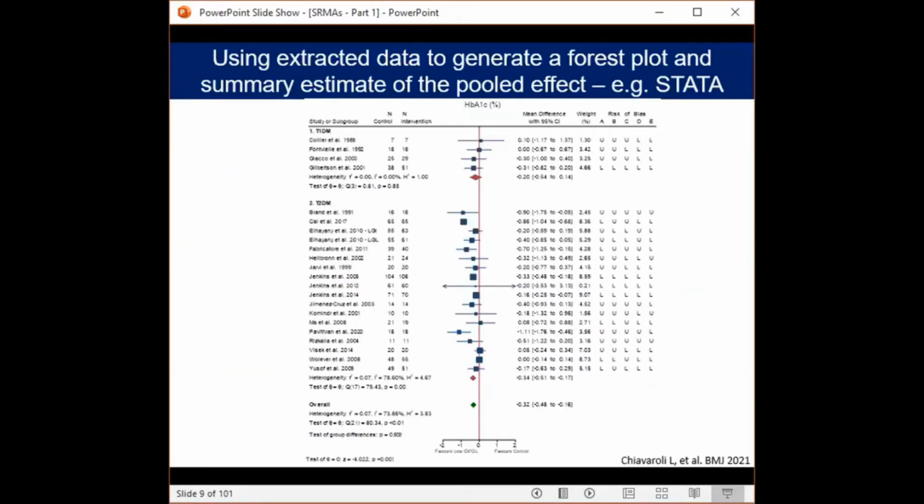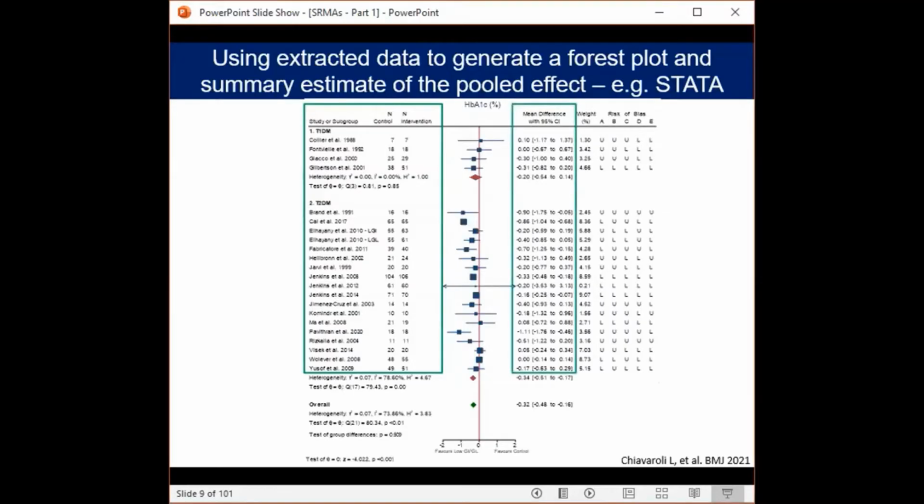This is an example of a forest plot generated by STATA using the data extracted from clinical trials. The data uploaded into the STATA program includes each study, the sample size, and the extracted outcome data and variability around it. In this figure, the extracted data include mean differences and standard errors, which are then converted by STATA to 95% confidence intervals.